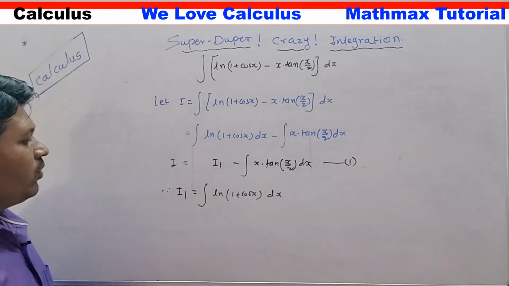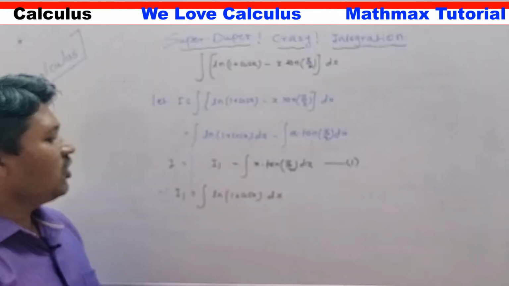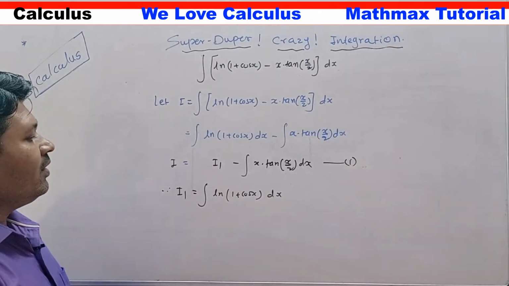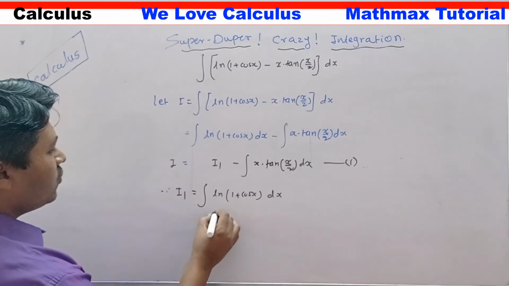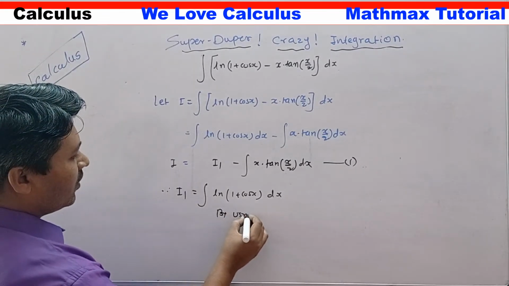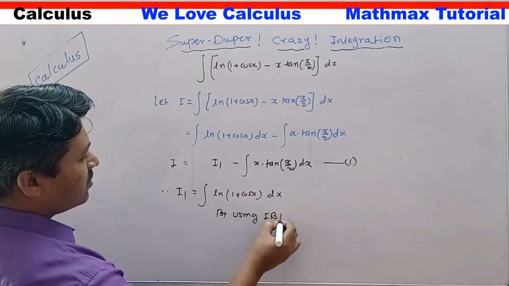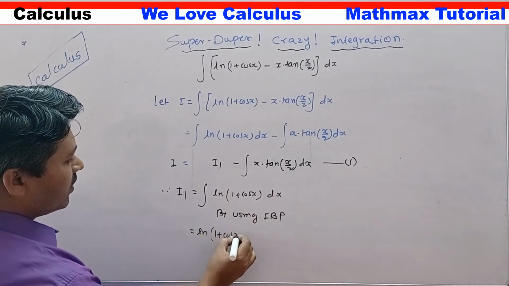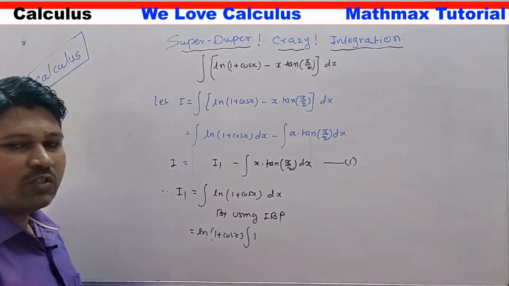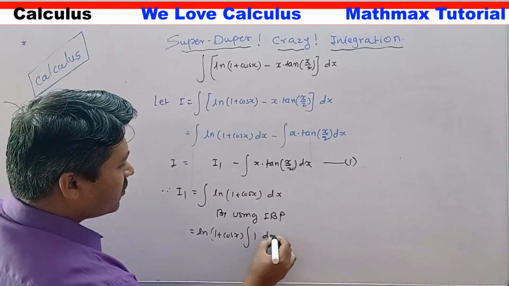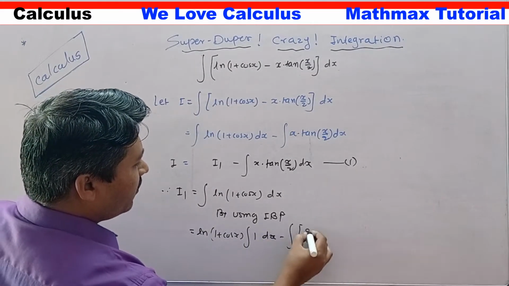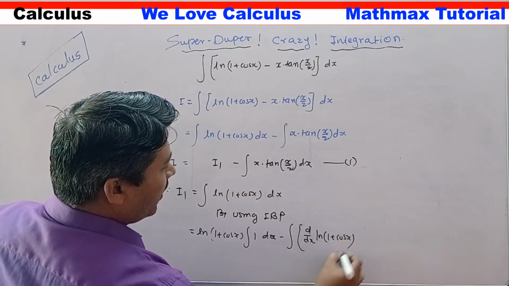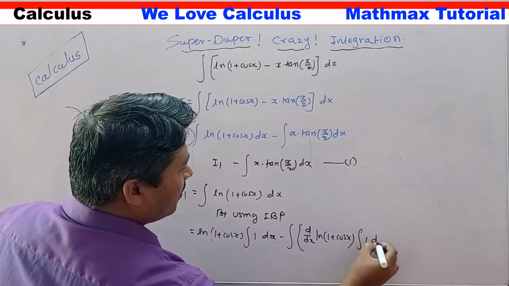Here we observe that ln is the single term function, and we consider the second function as 1, an algebraic function, using IBP. Then we write ln(1 + cos x) times the integration of the second function, that is 1 dx, minus the integration of the derivative of the first function, ln(1 + cos x), times the integration of 1 dx.